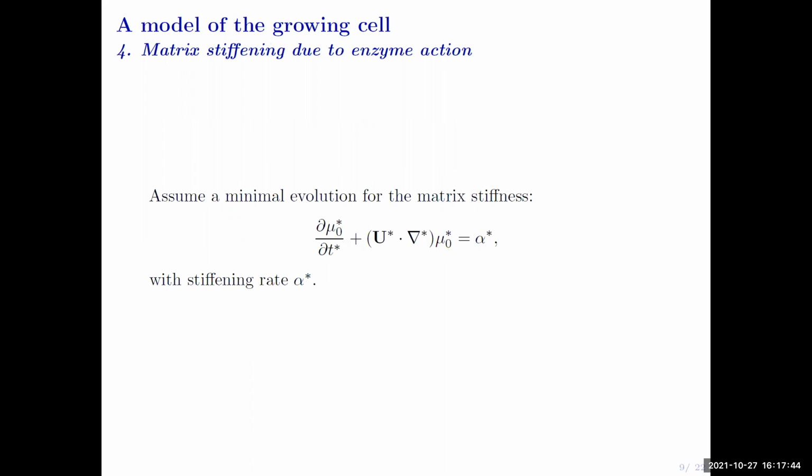So we want to model that as well, and for this, we're simply taking essentially the most minimal possible evolution equation. It's just a transport equation with a constant rate, right? A constant rate alpha that we call the stiffening rate, and of course alpha we'll just treat as a tuning parameter.